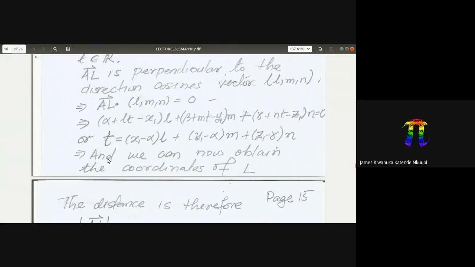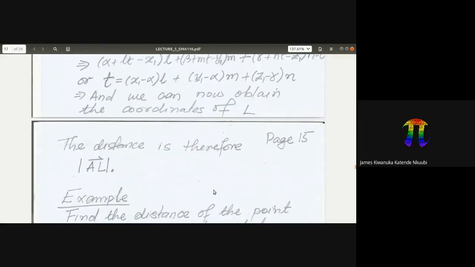And once you find T, then you can easily obtain the coordinates of the point L. Once you find the coordinates of L, you can find this vector AL, and the distance that you'll be looking for will be the magnitude of this vector from A to L.